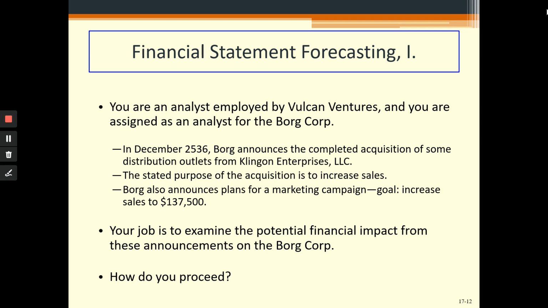So the main thing is that making logical assumptions in order to generate the future forecast is the key, and that usually comes with experience. The good thing about this chapter is that most of the assumptions are given, and using them we can see how to proceed to find the pro forma income statement and balance sheet for this company.